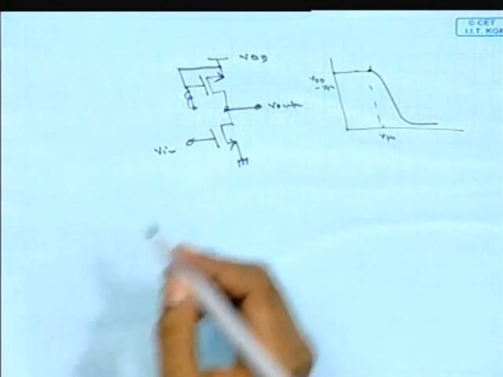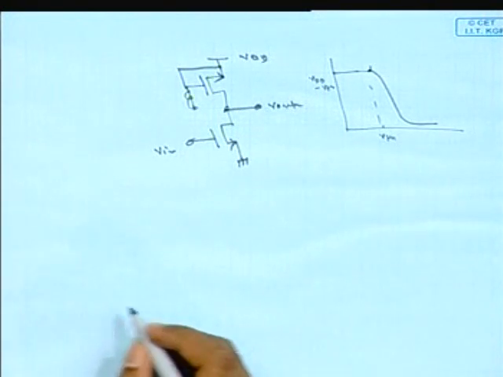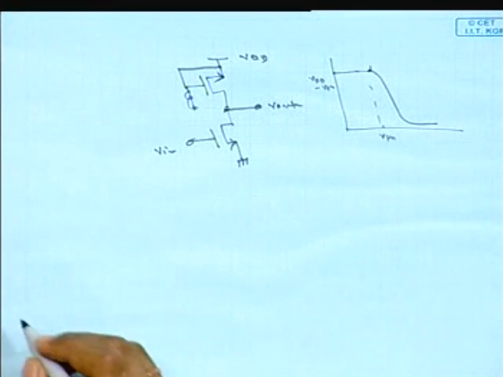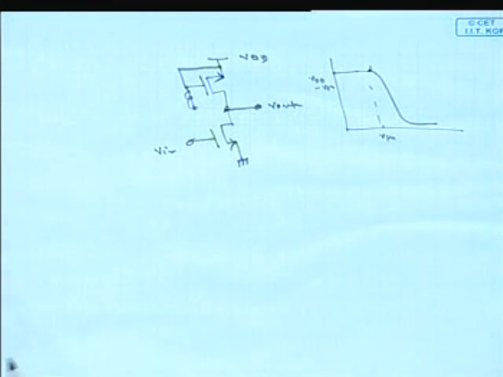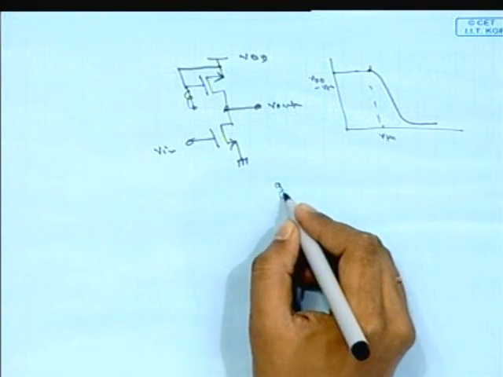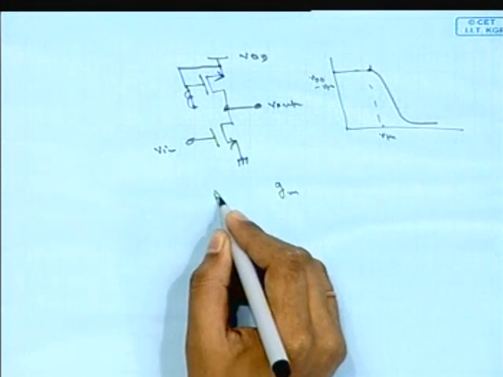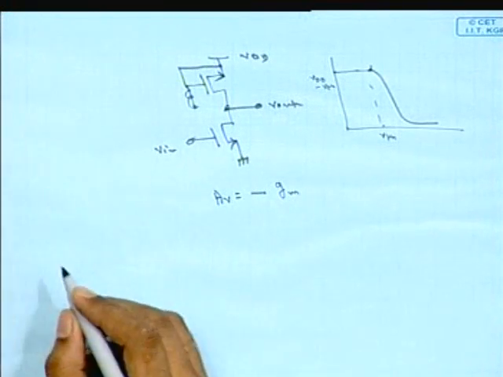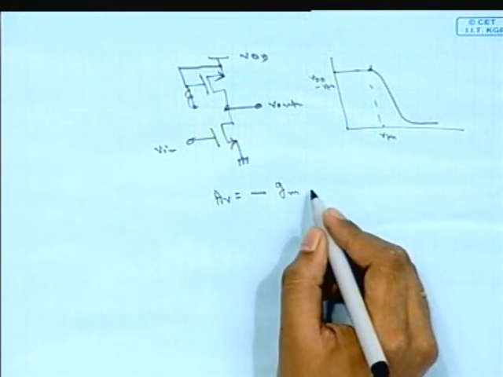Okay, now I have already said that the DC gain or small signal gain is nothing but the transconductance parameter into the output resistance. For this particular MOS, that is the lower one, the transconductance parameter is Gm. And what will be the output resistance here? I have already calculated.